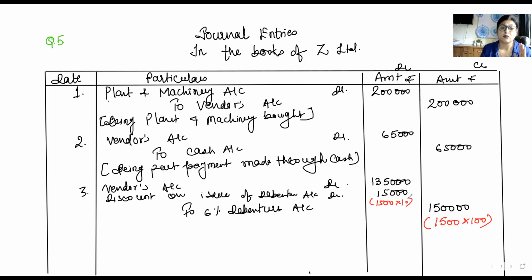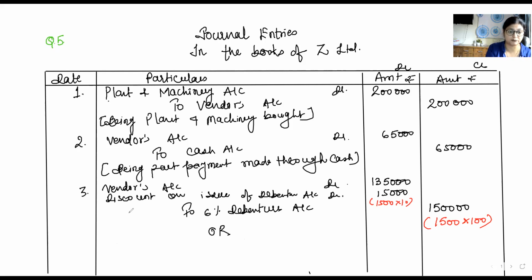Now, all those of you who think that passing two entries will take more time, which it definitely will, can pass one single entry for this second and third entry. So alternatively, we can do this. In place of passing these two entries, we can pass just number 2.